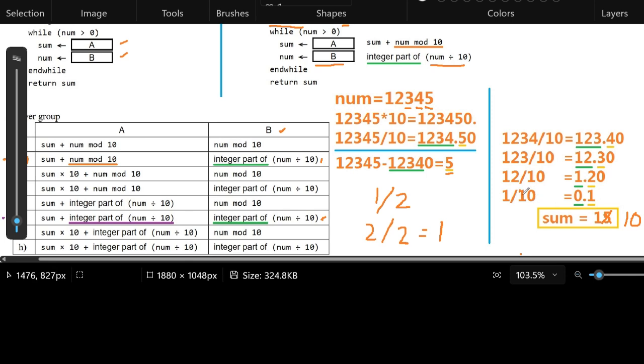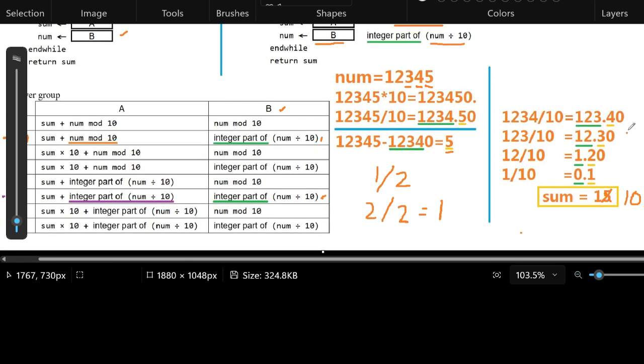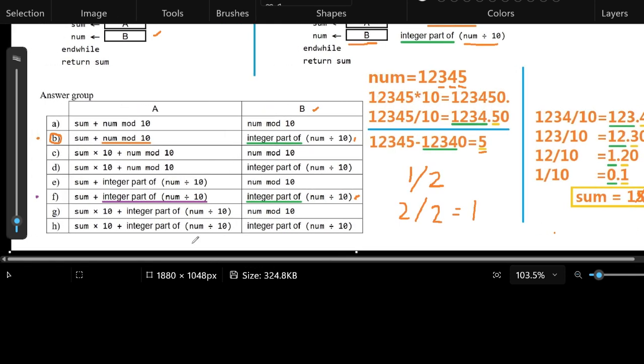Oh, I think it's because this one doesn't include the first one yet. So plus 5, that would give us 15, which is the correct answer for the sum if our input number is 12,345. Okay, so again, the correct answer is letter B.